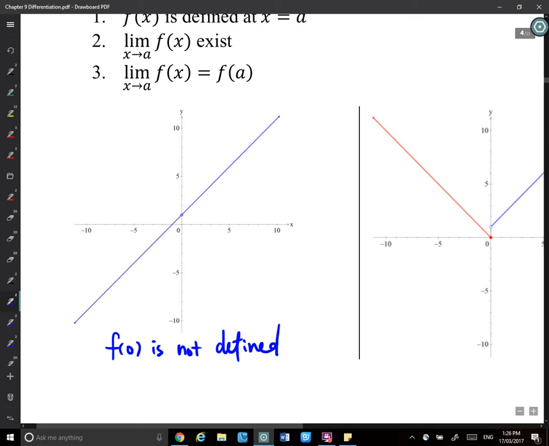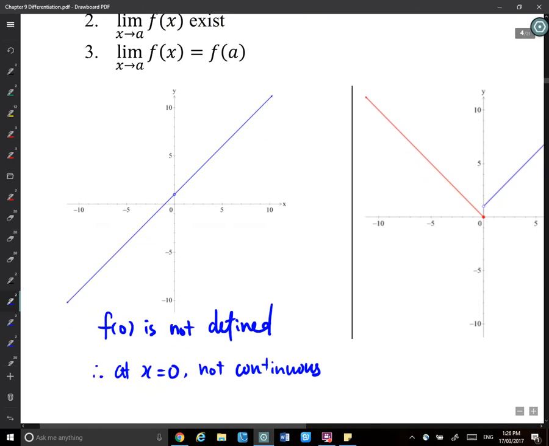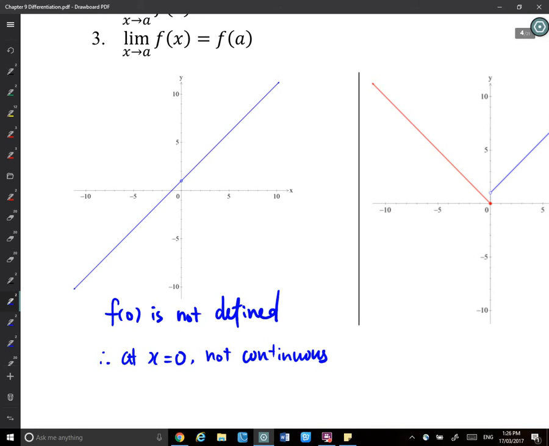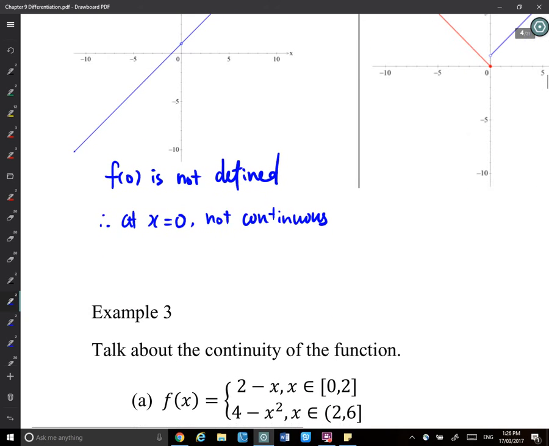So at x equals 0, it is not continuous. Because it's not defined already, you don't need to talk about other things. The limit does exist, but it's not defined, so it's not continuous.